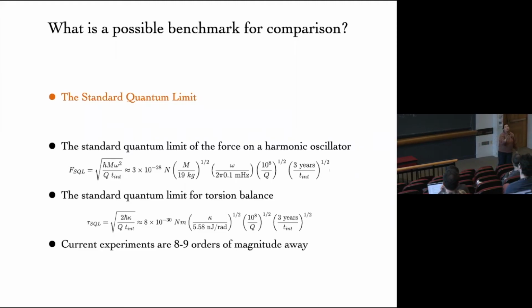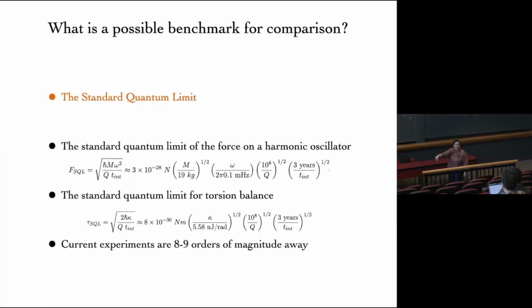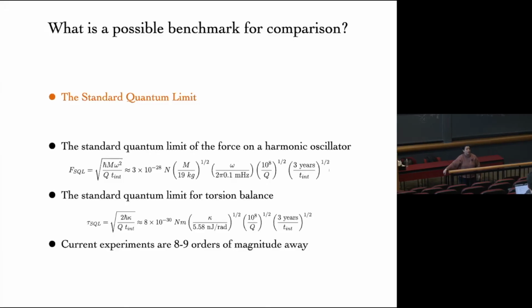it actually depends on how you do the measurement, okay? So this is if you have a harmonic oscillator that's trapped at this frequency. Now, if you were to take the torsion balance, similar to what you saw in Adelberger, and put that in its ground state of motion, if you convert the numbers, you can actually do slightly better in measuring.